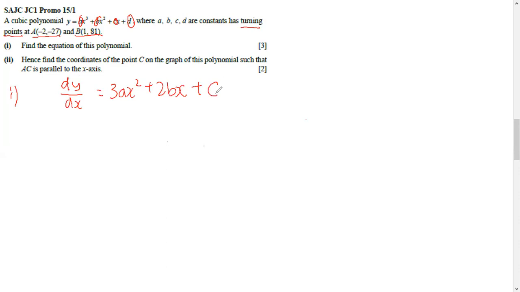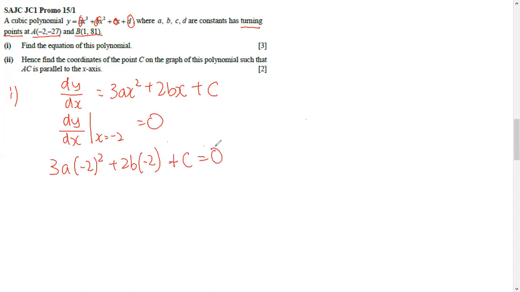Since x equals minus 2 is a turning point, dy dx when x is equal to minus 2 should give you gradient 0. So we'll sub it in: 3a times minus 2 squared plus 2b times minus 2 plus c is equal to 0.